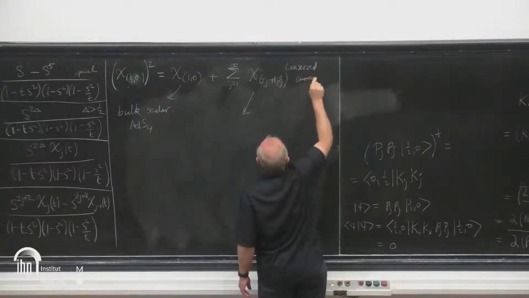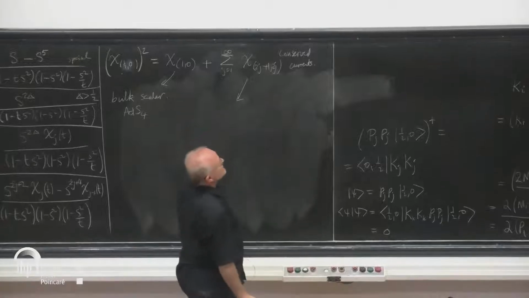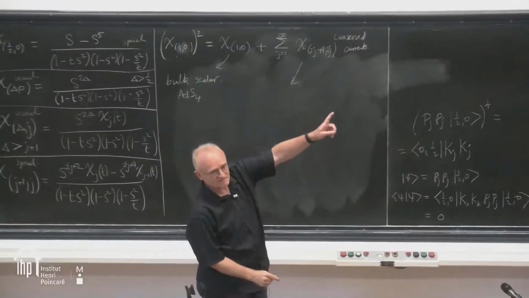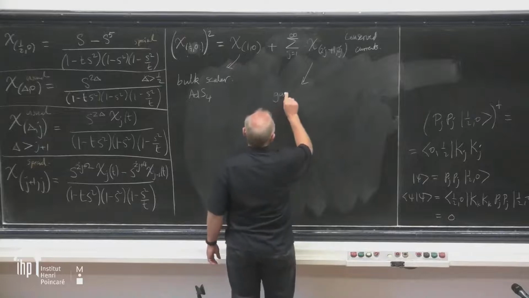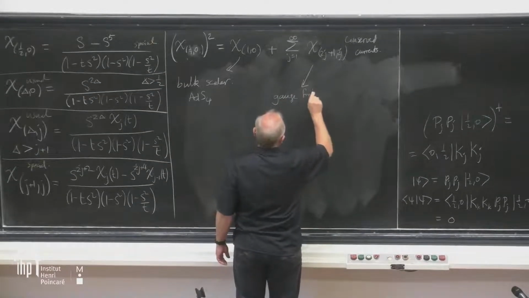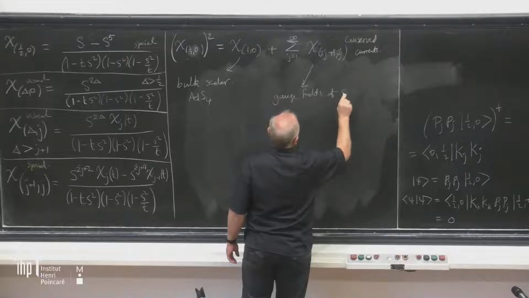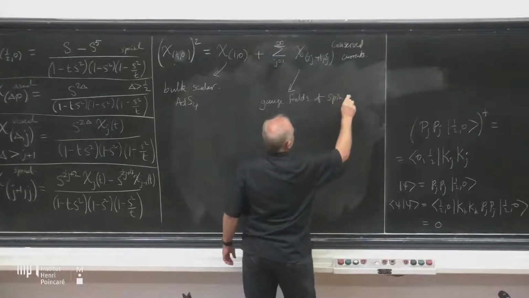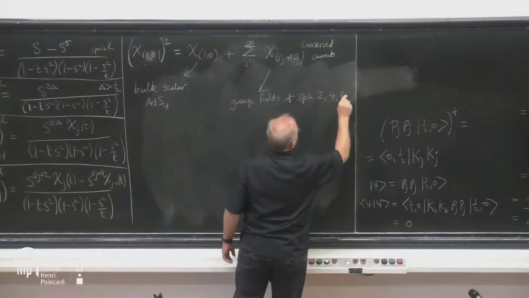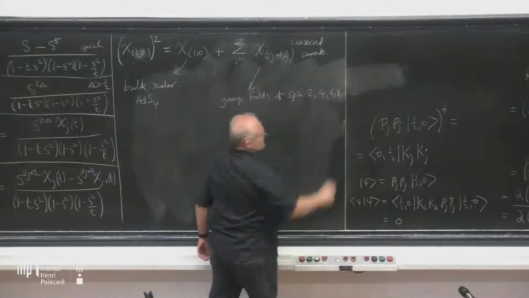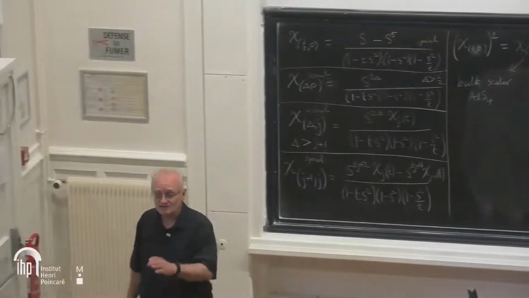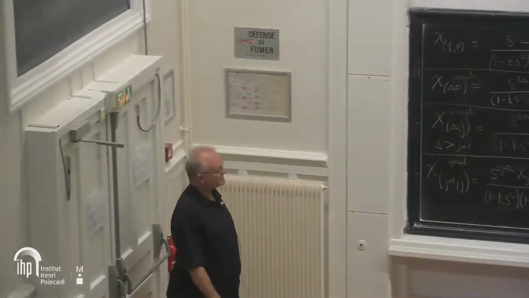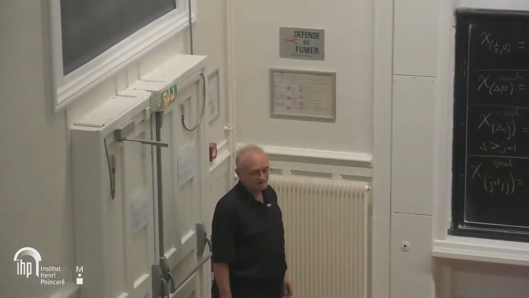All of them. And conserved currents correspond to gauge fields. So we have gauge fields of spin 2, 4, 6, 8, and continuing. Because there's a gauge field of spin 2, we have a graviton. Because there's a graviton, this is a theory of quantum gravity.